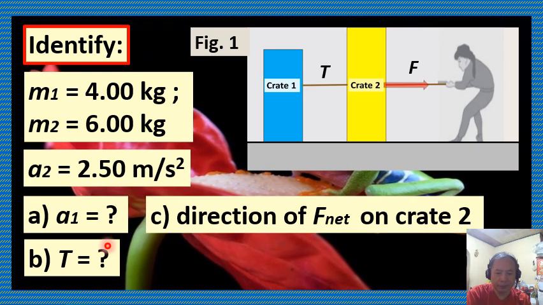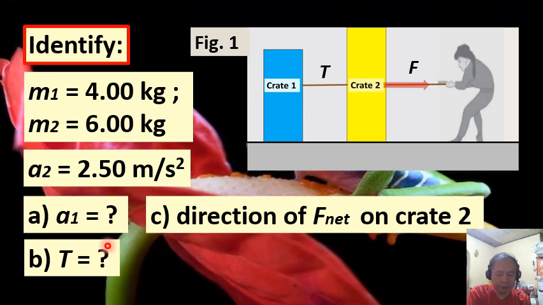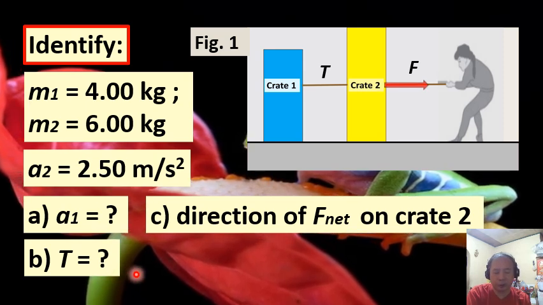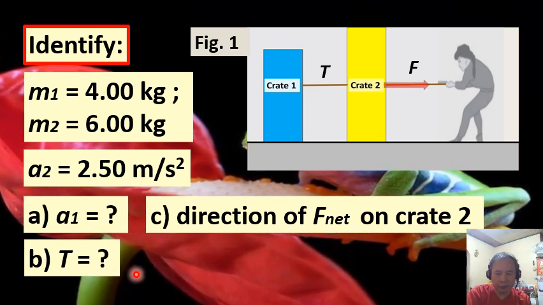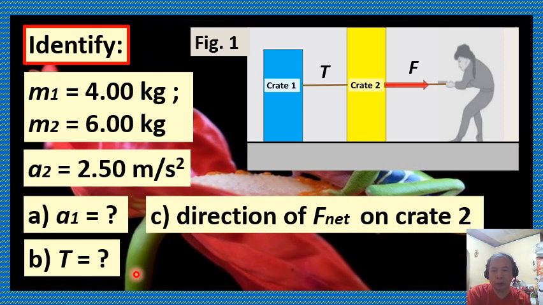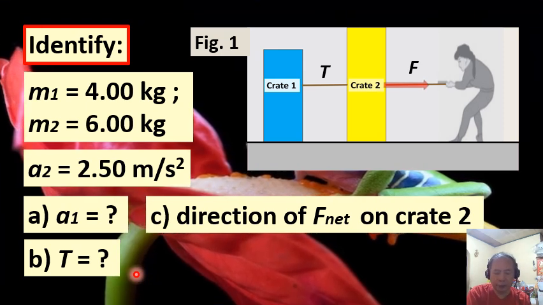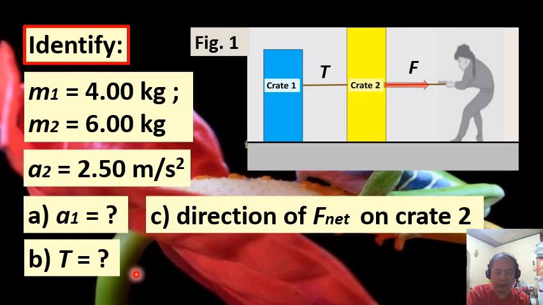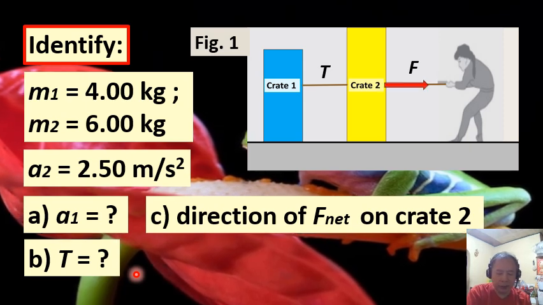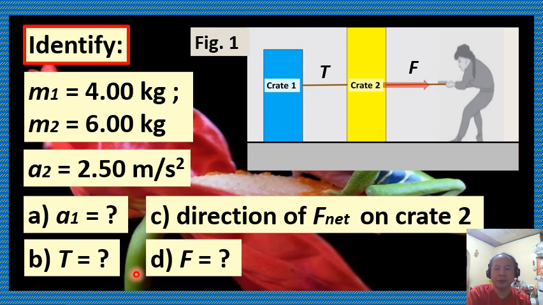And in part C, we're also required to give the direction of the net force on the 6.00 kilogram crate, and we need to figure out which between the two forces, the tension force capital T and the applied force F, is larger in magnitude. And finally, in part D, we are required to calculate the magnitude of the force capital F.